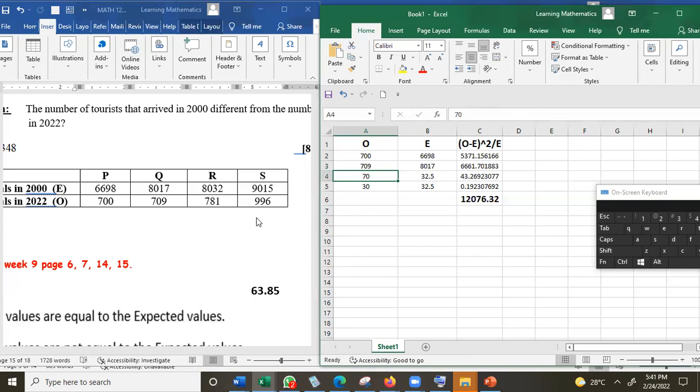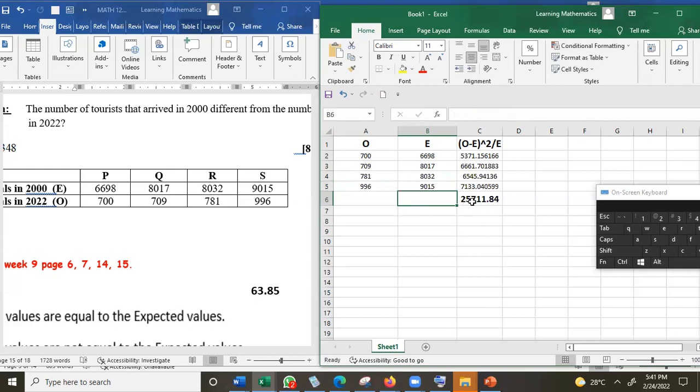So you observe 781, but you expected 8032 because it happened already. The expected is what happened already. The observed is what happened now. 996 is happening now, and we expected 9015. Bam. And here is the chi-square test statistic.